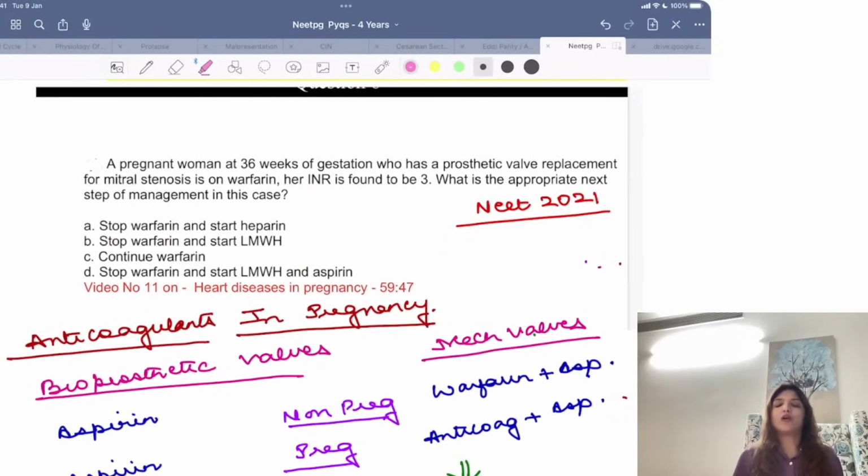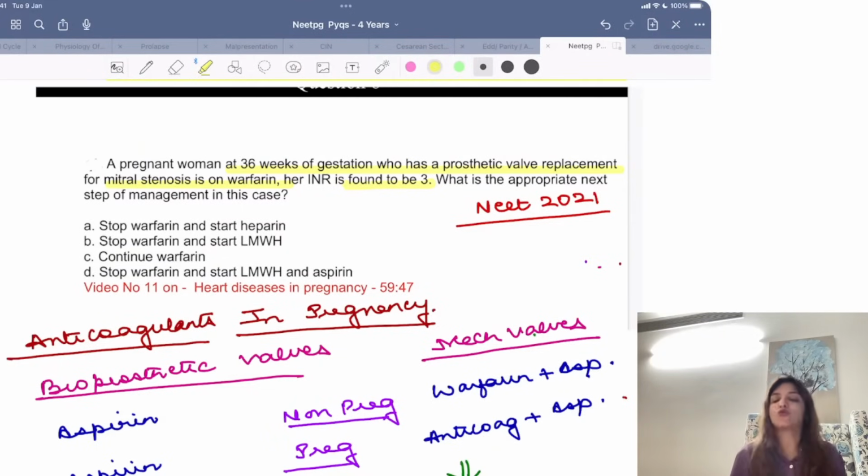Drugs in pregnancy. The question which came on drugs in pregnancy was related to anticoagulants in pregnancy, and the question was: a pregnant woman at 36 weeks of gestation who has prosthetic valve replacement for mitral stenosis is on warfarin. Her INR is 3. What is the appropriate next step of management in this case? So at 36 weeks on warfarin, what am I going to do?